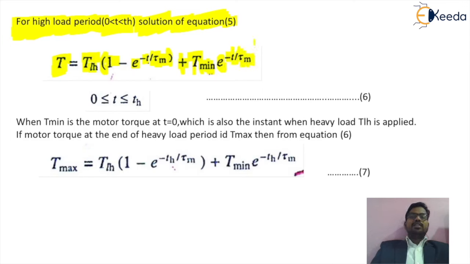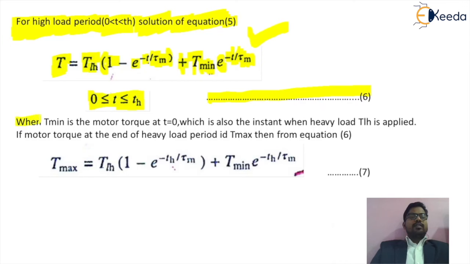This is equation number 5, and from it we get equation number 6, for t greater than or equal to 0 and less than the high load timing.